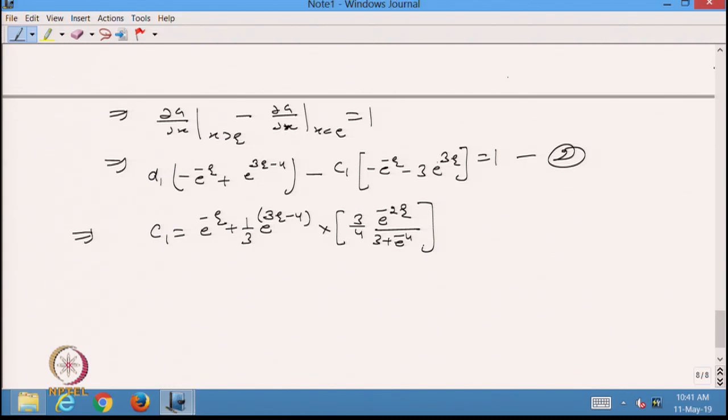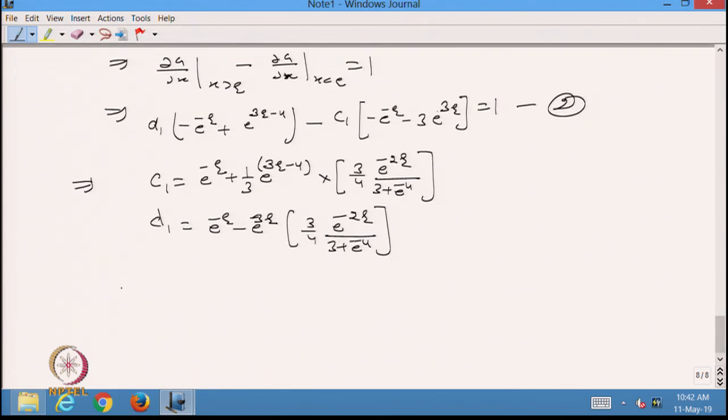So, this is the value of C1 we can find out, and then my D1 will be e raised to power minus xi minus e raised to power minus 3 xi into 3 by 4 e raised to power minus 2 xi, and then 3 plus e minus 4. So, these are the values of C1 and D1. So, from here I can write down my green function g x xi in this case, I can write this as the final green function.